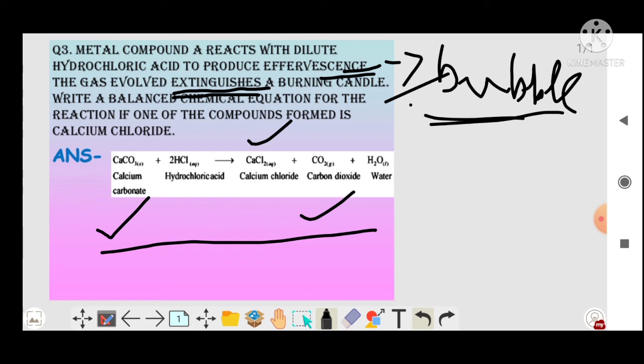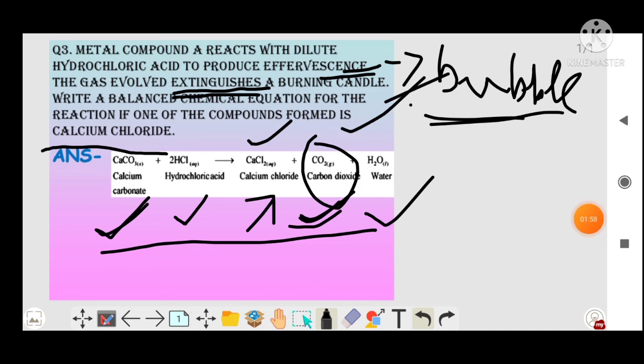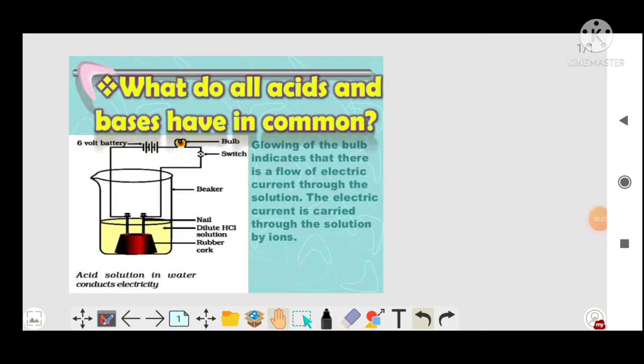Calcium carbonate, which is the metal compound, reacts with hydrochloric acid and produces calcium chloride, carbon dioxide and water. Calcium chloride is given in the question. So this is the balanced chemical equation, and this is the answer. So what is the gas? This is carbon dioxide.